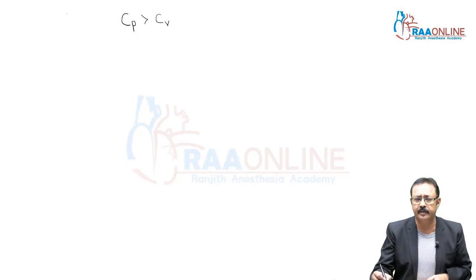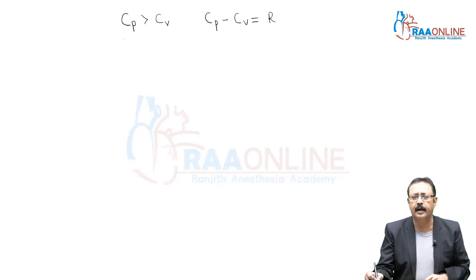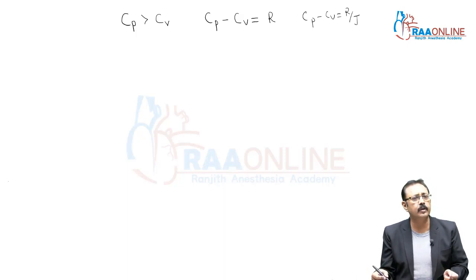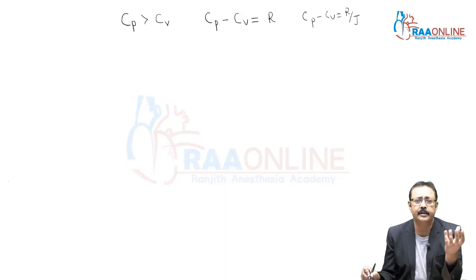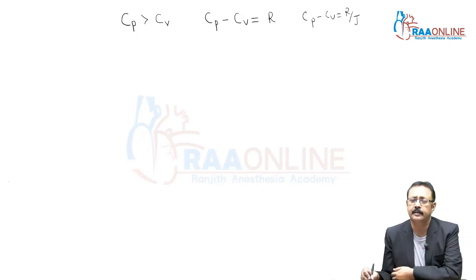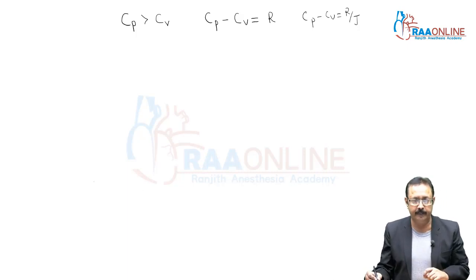Mayer established one result, with a very easy derivation: Cp minus Cv is equal to R in joules, and in calories it is R upon J, because heat energy has 2 types of unit. All energies in SI are in joules, but generally we take the unit of heat energy as calorie. If you divide by J, you will get calories. So it is Mayer's formula, Cp minus Cv.